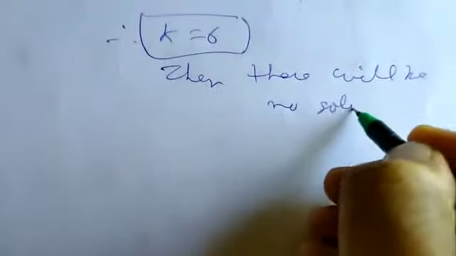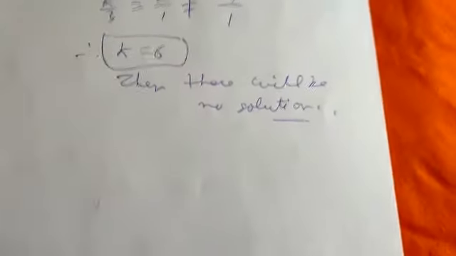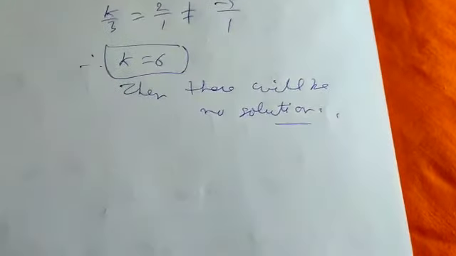Therefore, on solving this, k is equal to 6. So if k equal to 6, then there will be no solution.